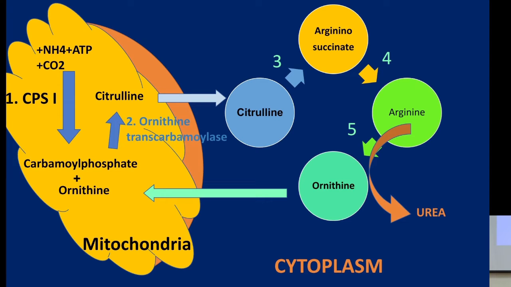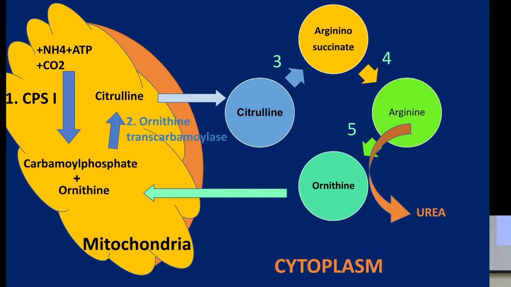You have one there and one there. So you form the molecule argininosuccinate. You attach the entire aspartate to citrulline to form argininosuccinate. So now you have 2 nitrogens there. The enzyme is called argininosuccinate synthase.